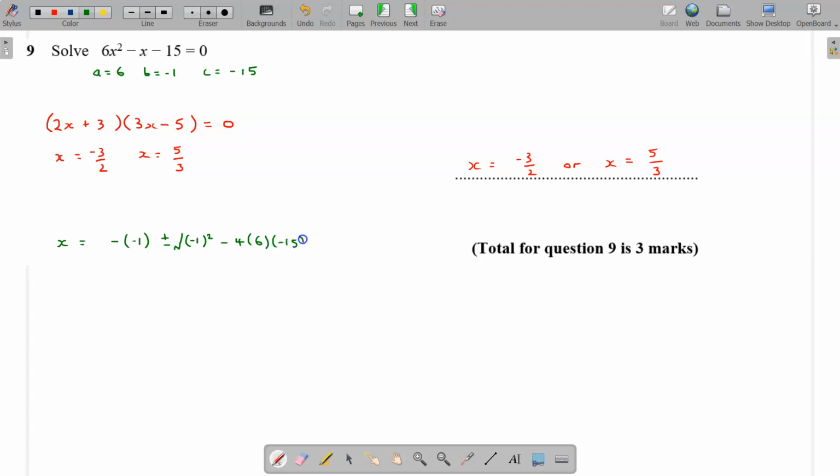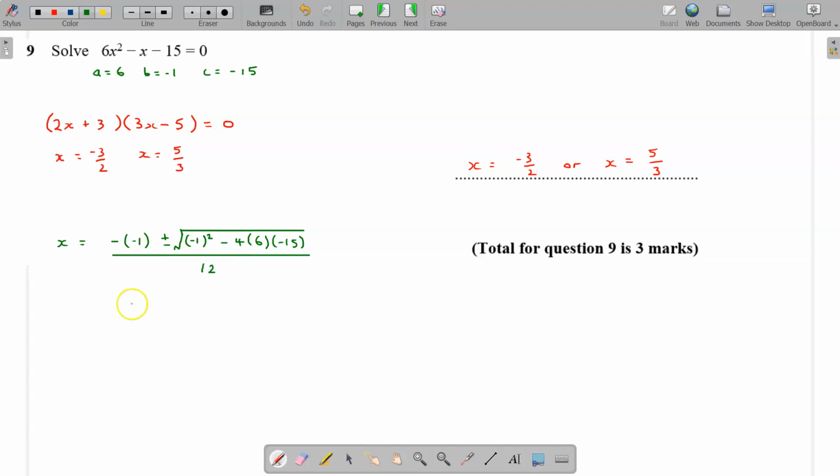You need to write that out really as it is first. All of that, so that's b squared minus 4ac, you see. And once you've written all that out, you've still got to divide the whole lot by 2a, which is 2 lots of 6, which is 12.